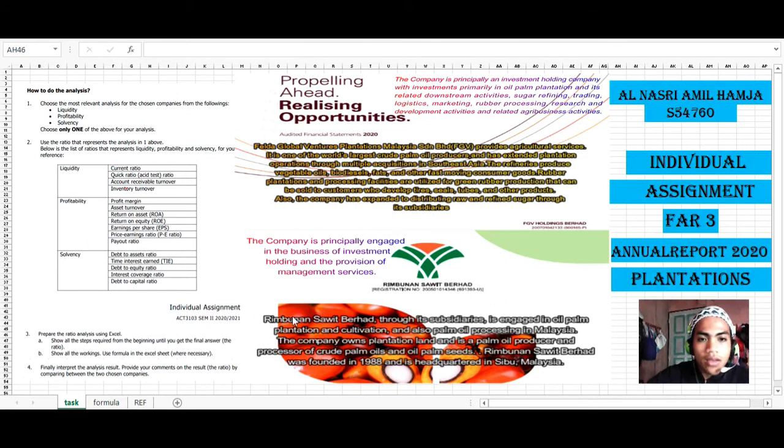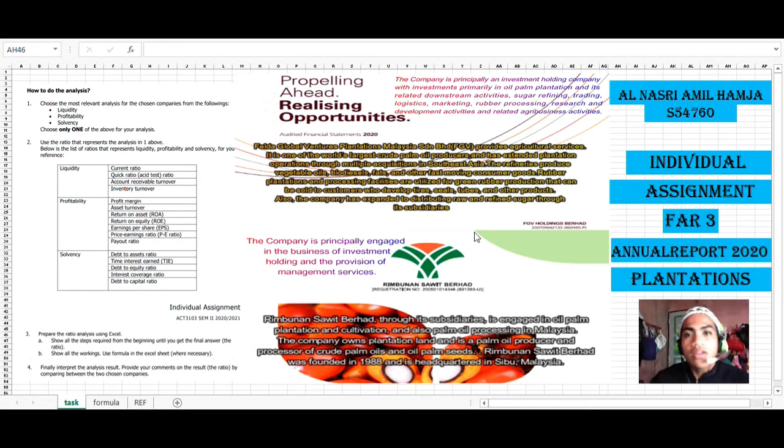So before I show the working for the ratio formula, this is for Individual Assignment 3, Annual Report 2020, industry plantation. I chose two companies, which are FGB Plantation Holding BERHAD and RIMBUNAN SAWIT BERHAD.